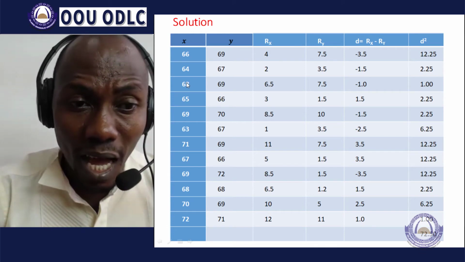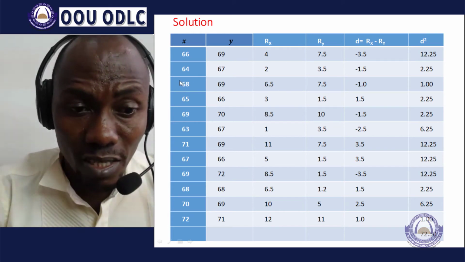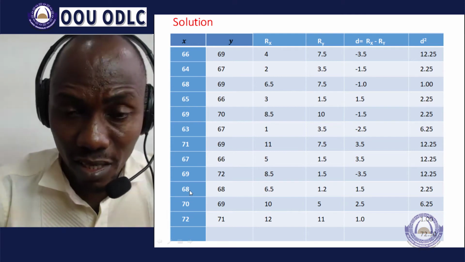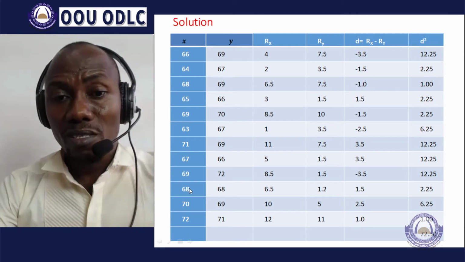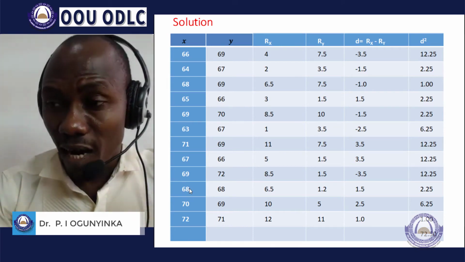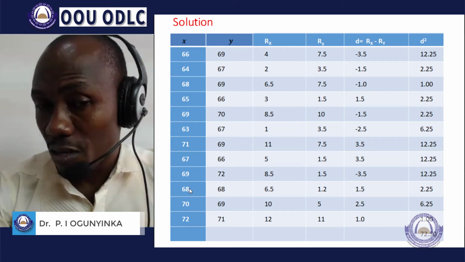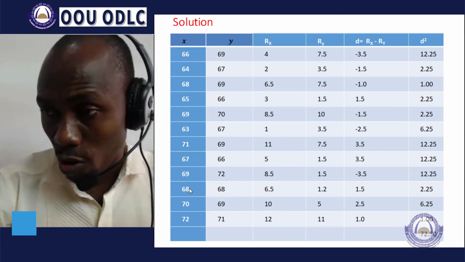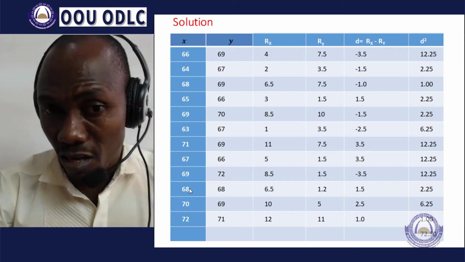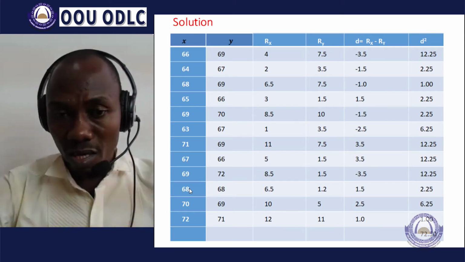However, you observe that there are two 68 values. This is 68 here, and this is another 68 here, meaning that one will be 6 by ranking, and the other one will be 7 by ranking, of the same observation, 68. So this is an example of tie in rank. What do we do in this case?